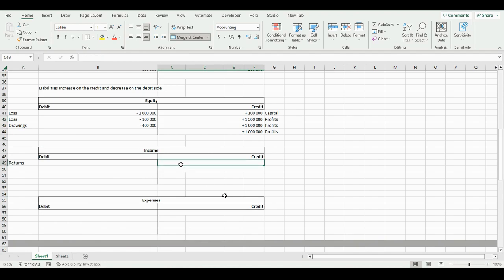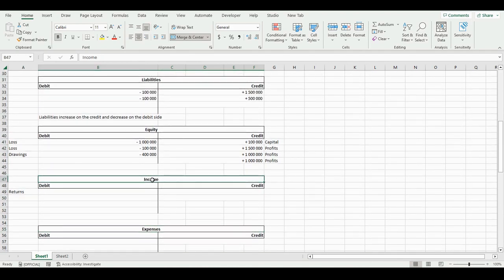We've already discussed your revenue, your income and your expenses. Your income behaves exactly like your liabilities. It's just that they sit on your income statement, not in your balance sheet.